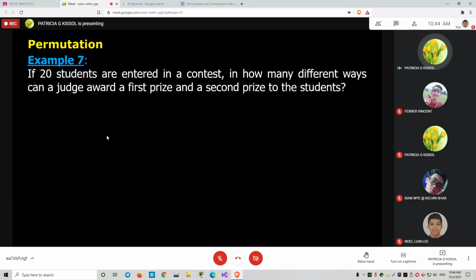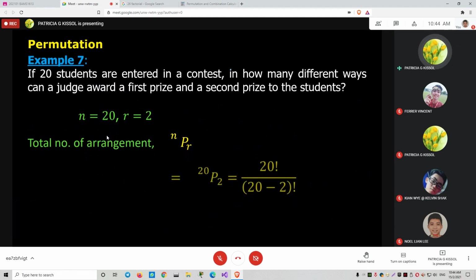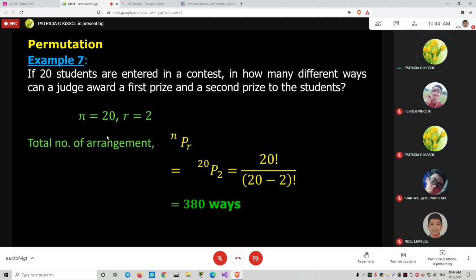So our N is 20, and we want to choose only 2 students. How many different ways can we award one person as the first prize and the second person as the second prize? So NPR, order matters. So 20 permutation 2, we have 380 ways.